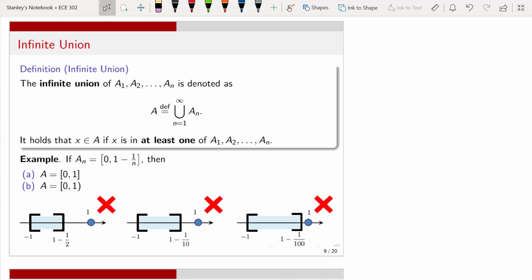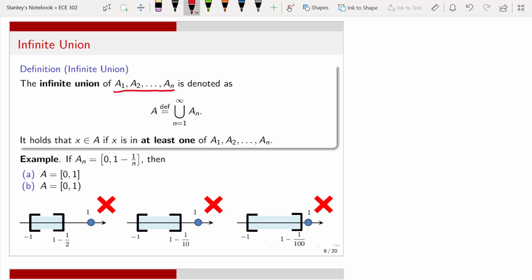Finite unions are usually quite easy to calculate, but in our course, we sometimes need to deal with infinite unions. So what is an infinite union? This infinite union is defined with this notation. You have a sequence of sets, A1 through AN, and then you are taking the union. This notation means union going from n equals 1 to infinity.